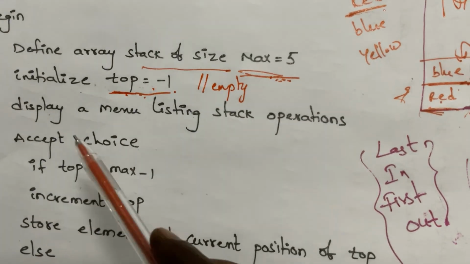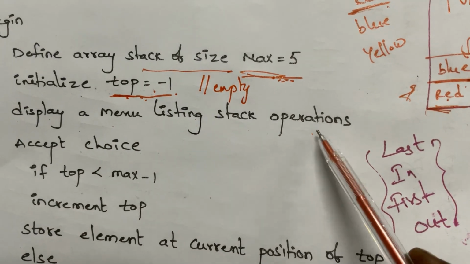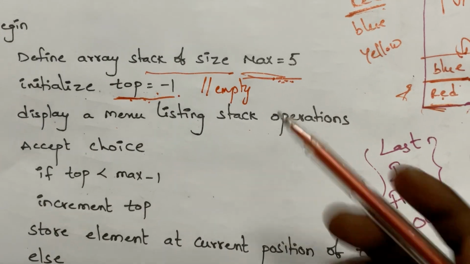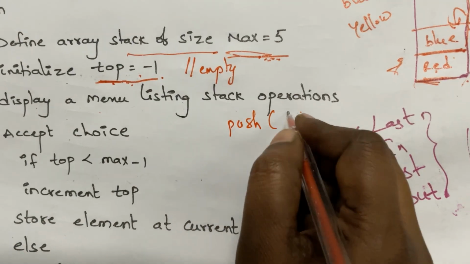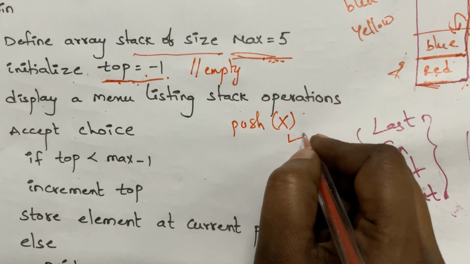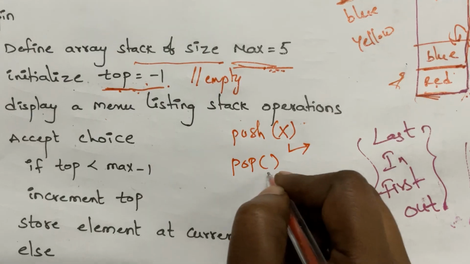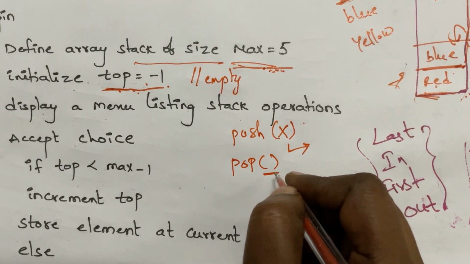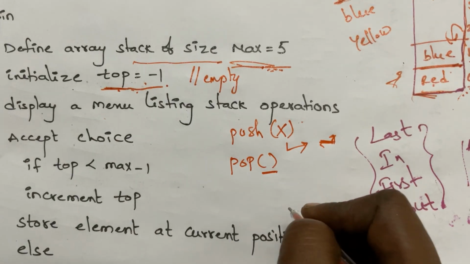Now I display a menu listing the stack operations. What can a stack perform? It performs push, which means we can insert an element, so it definitely takes an argument. And pop: for pop we don't pass any value, because whatever element is on the top of the stack gets deleted.